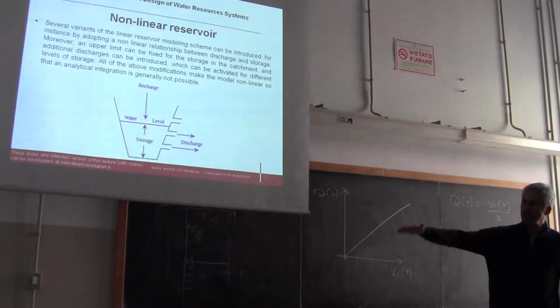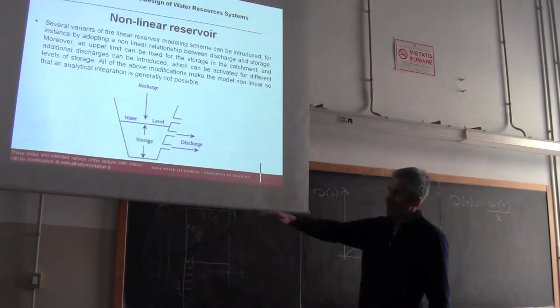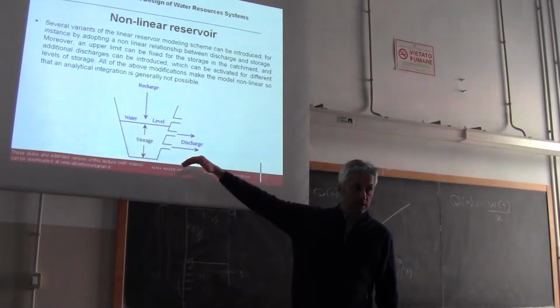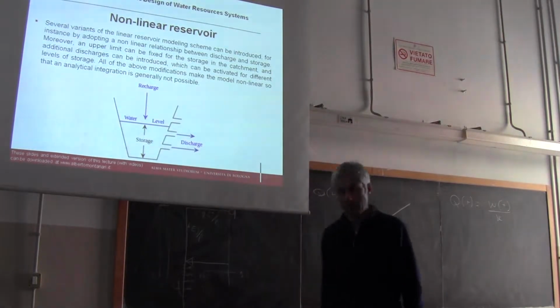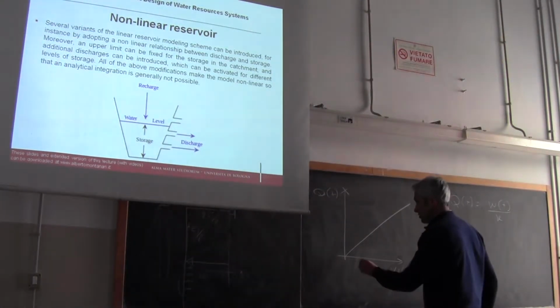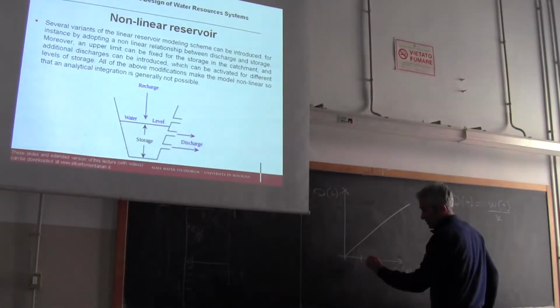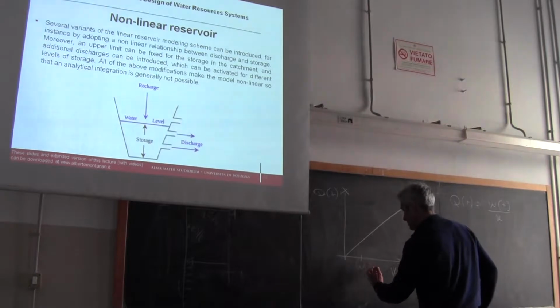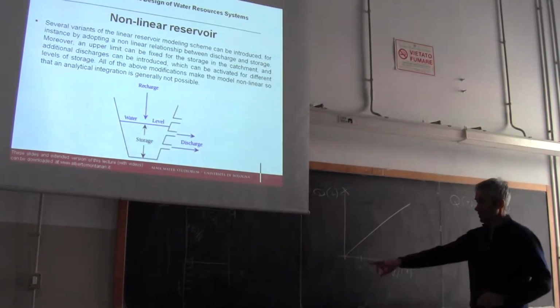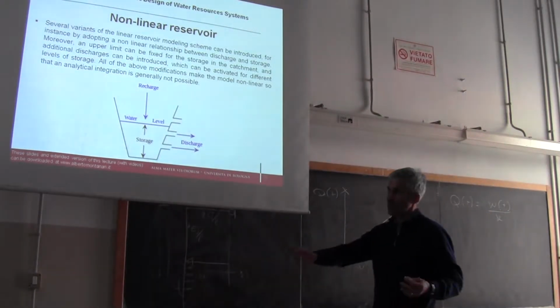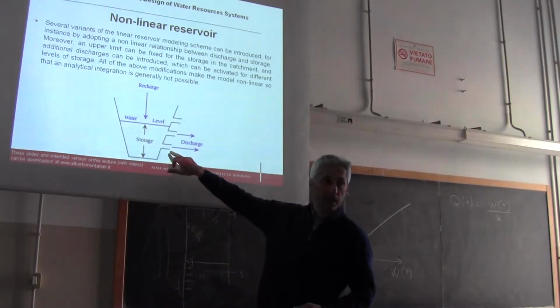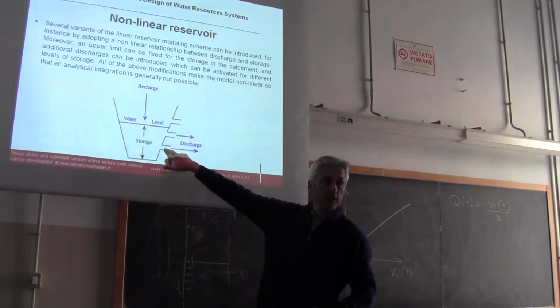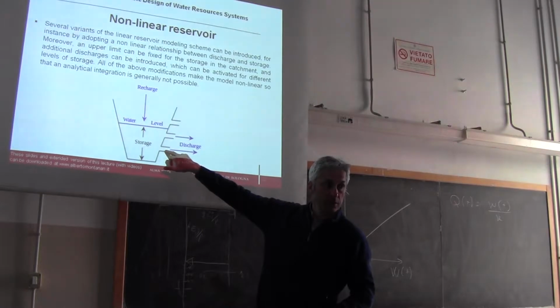And if you introduce flows that are activated after a certain threshold, what happens is that you have zero outflow up to a storage that I indicated here with W prime, which corresponds to the level of the first discharge.